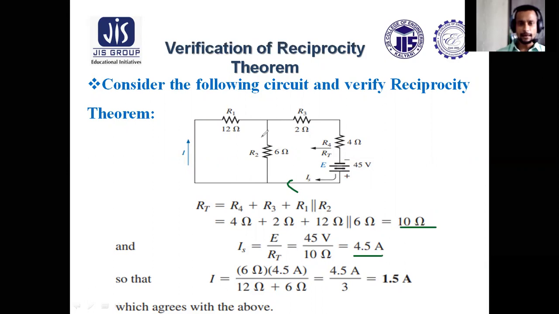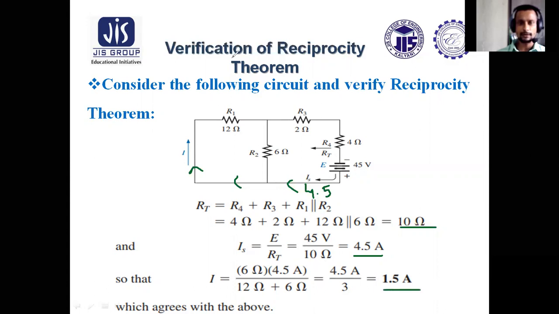Now what should be this current? This is 4.5 ampere. So applying the current divider rule, we are going to find the current through this branch. Which one is the opposite resistance? 6 ohm. So 6 divided by 6 plus 12 into total current 4.5, that is 1.5 ampere.